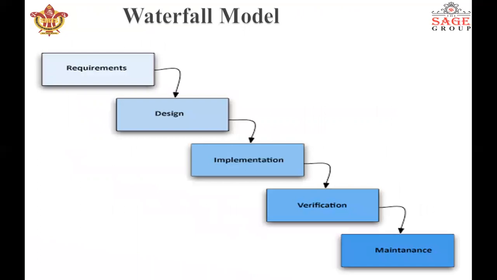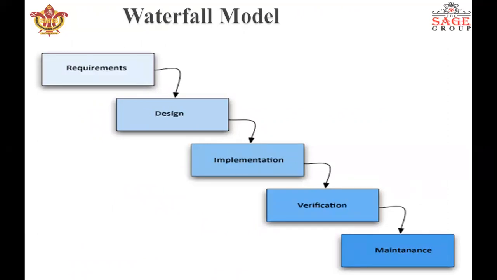Here you can see the diagram. In the waterfall model, we complete these processes to complete the implementation. First of all, if we are thinking to create any software or application with the help of this model, then we follow these processes.